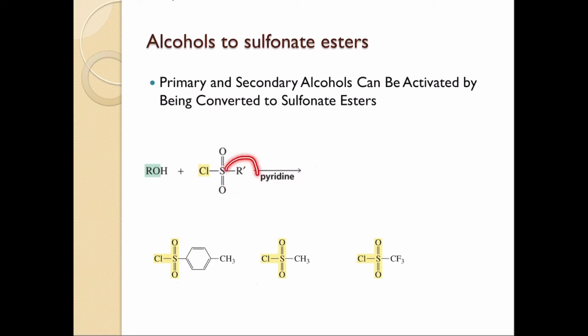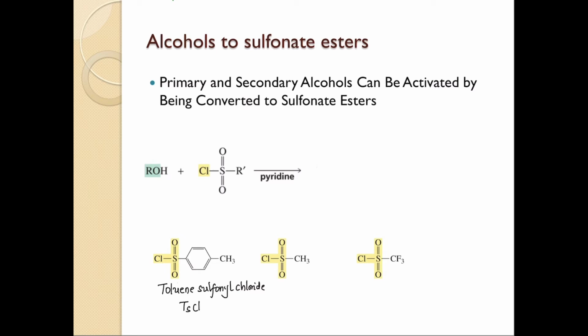So if the R group is a toluene group, then you're going to call this toluene sulfonyl chloride, and it's abbreviated as TsCl.